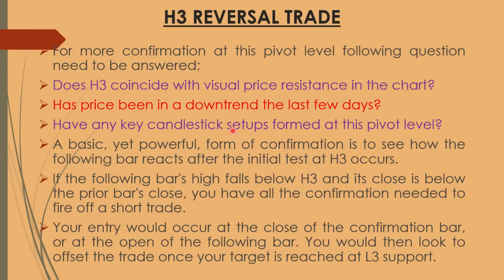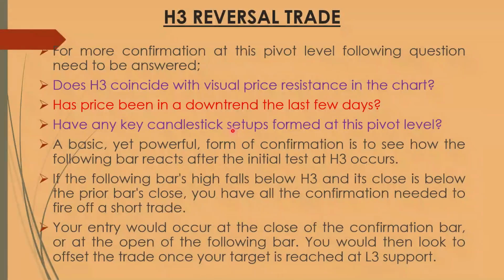For more confirmation at this pivot level, the following questions need to be answered. Does H3 coincide with visual price resistance in the chart? Has price been in a downtrend the last few days? Have any key candlestick setups formed at this pivot level? A basic yet powerful form of confirmation is to see how the following bar reacts after the initial test at H3 occurs.